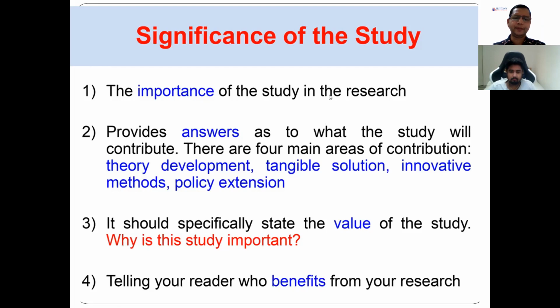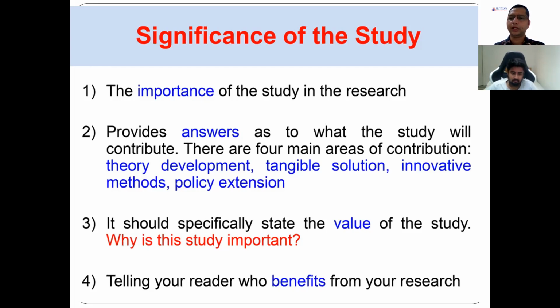It also should specifically state the value of the study, why the study is important, and tell your reader who benefits from your research. So basically, if I repeat, in chapter 1, you will start with the introduction, whereby you will introduce the whole research, what it is all about.